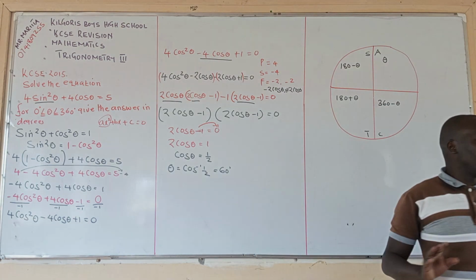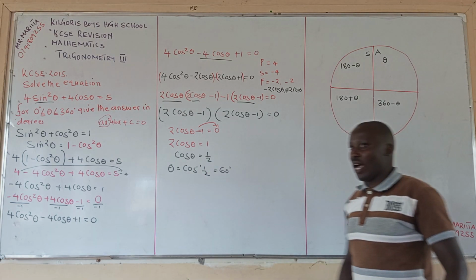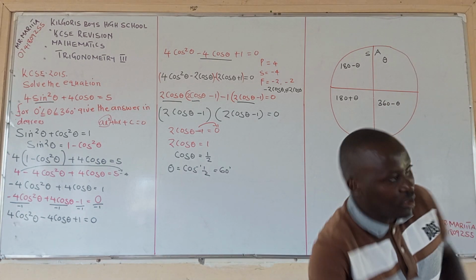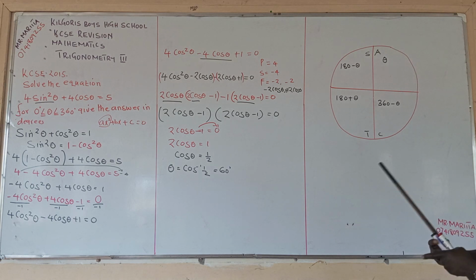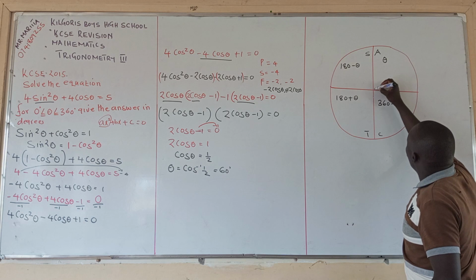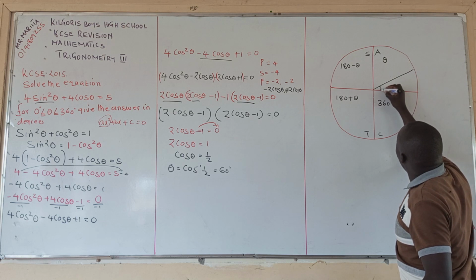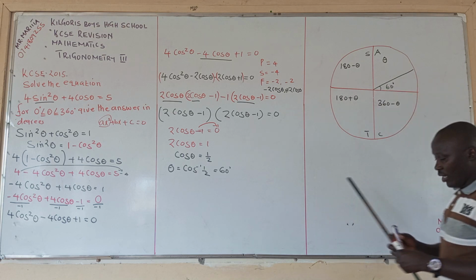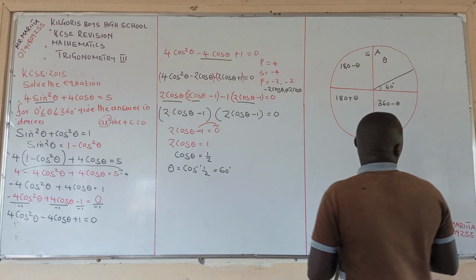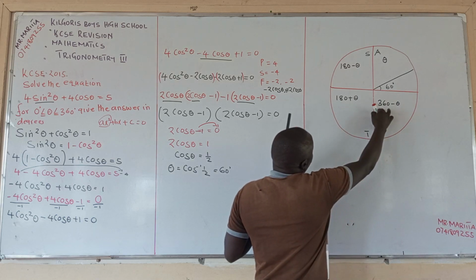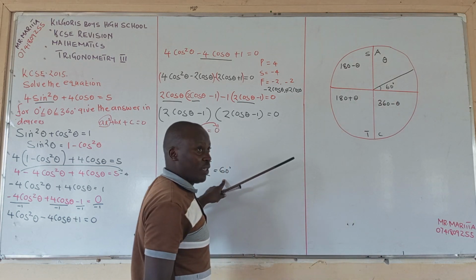Now where is our cos being positive? Because we have positive a half, we can find it in the first quadrant. All the trigonometric ratios here are positive. So at this point we have 60 degrees, because we are talking of theta. And then the cosine is also positive in the fourth quadrant, so we also get it here. But here we have 360 minus theta, and our theta is equal to 60.